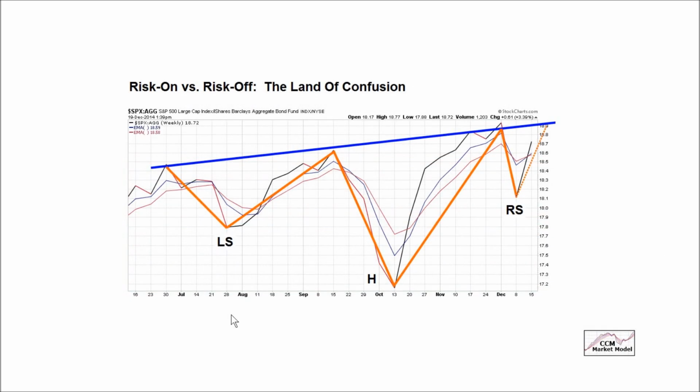Now we're shifting gears to the present day market and what we're seeing in 2014. This is risk on versus risk off, the stock market or the S&P 500 relative to a basket of diversified bonds, or the AGG ETF. You can see a lot of confusion here, a lot of whipsawing going on.